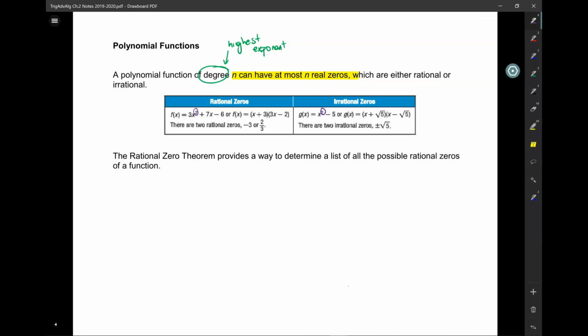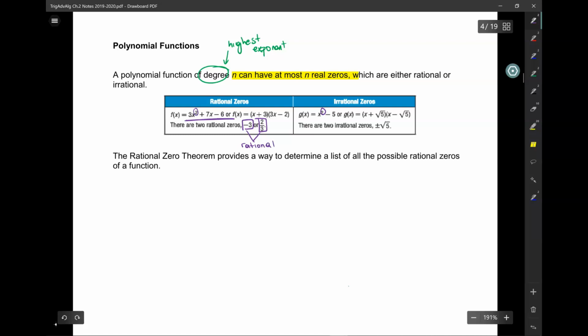Now, somebody was nice enough to actually find the zeros of these functions, okay? In the first polynomial, I got 2 zeros, -3 and 2 over 3. Now, these are both what we call rational numbers.